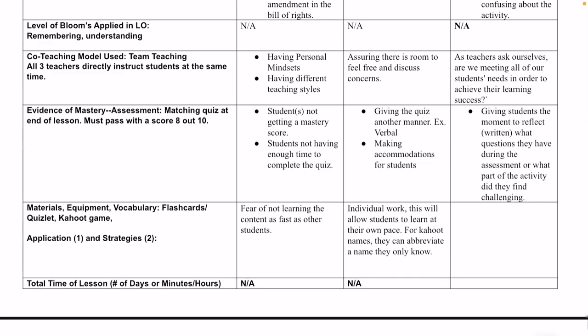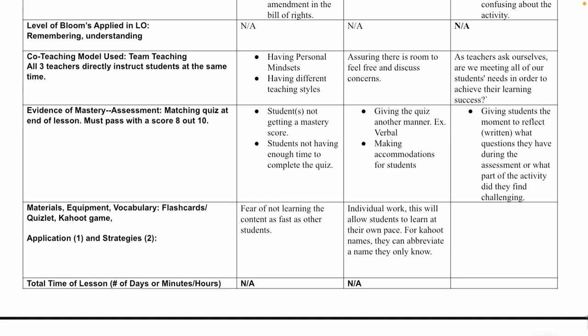So our solution to that would be to assure that there is room to discuss our problems or potential problems that could exist, and just make sure that we have that level of communication. And at the end of the day, we just need to come together and assess our students in getting the lesson through.